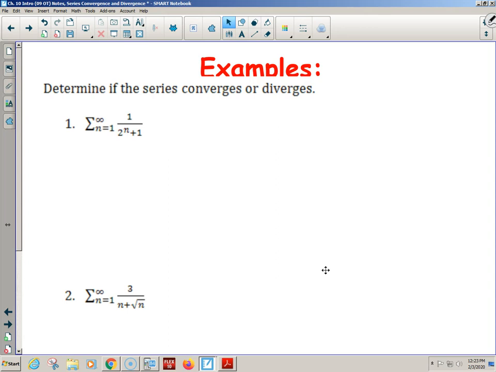Nth term, we know nothing. A P series would need to be n to a p. This is a p to an n. Geo. It looks a lot like a geo, but what's going to mess up the geo? The plus one. It was a P series, but a plus one, right?